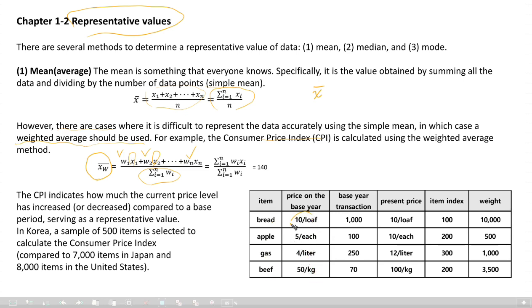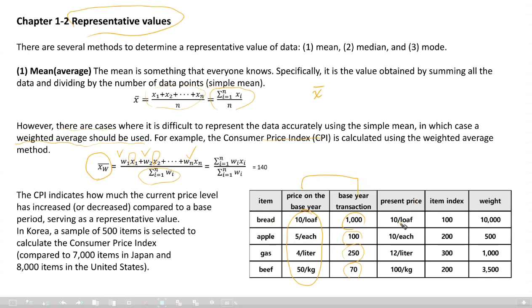Okay, this is the price on the base year. And in the base year, the transactions are 1,000 loaves, 100 apples, 250 liters, beef 70 kilograms. And they are given values, okay?